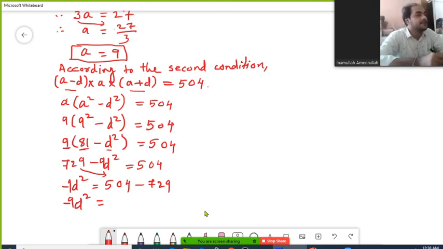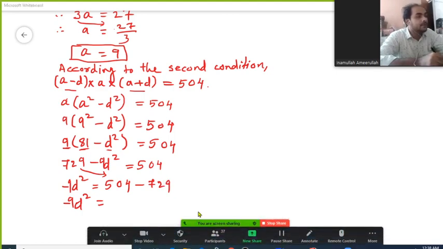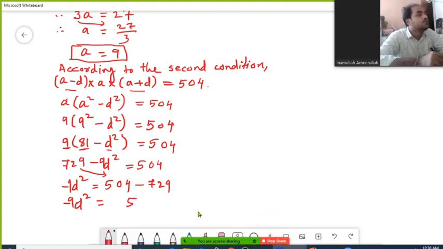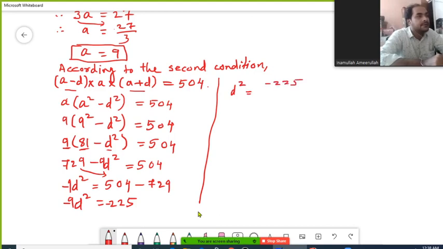You need to subtract 504 from 729, so 9 minus 4 is 5, 2 minus 0 will give you 2, 7 minus 5 will give you 2. So this is minus 225. Keeping d squared on its place, negative 225 on its place, and this 9 can be taken to this side, which will divide minus 9.